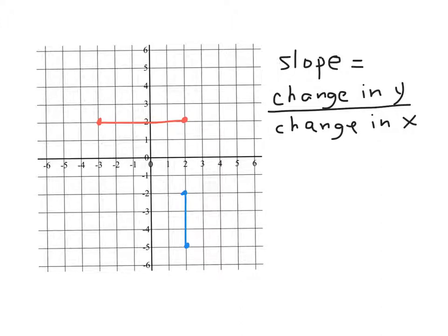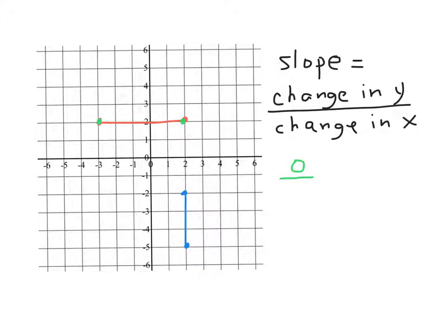Before moving on to another idea, let's talk about the slope of horizontal and vertical lines. You can see I have drawn a red horizontal line. And remember that slope is the change in y over the change in x. So if I want to go from this point to this point, my change in y is nothing. I don't go up or down at all. So that change is a 0.